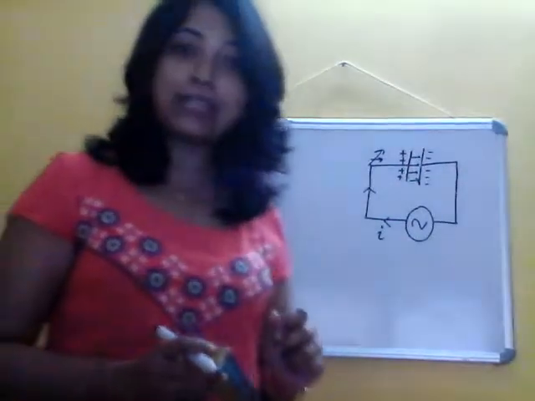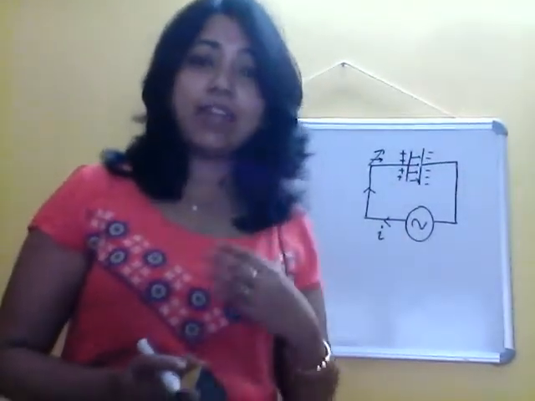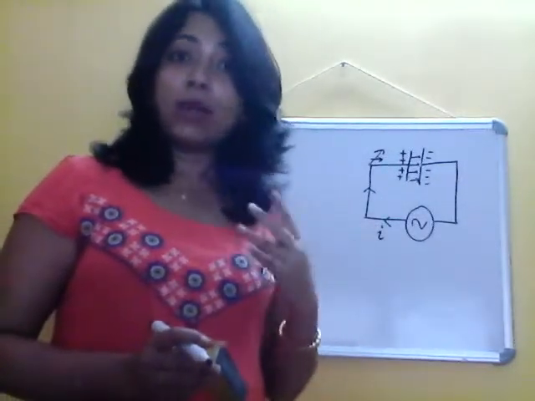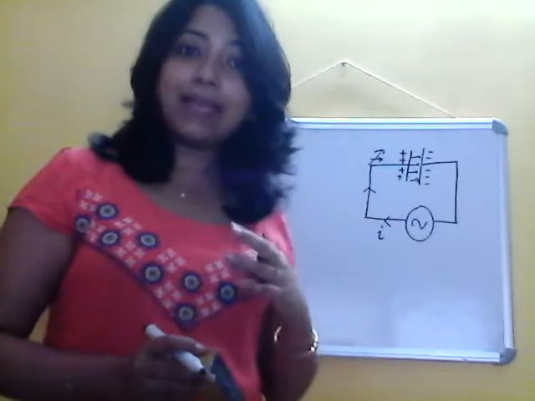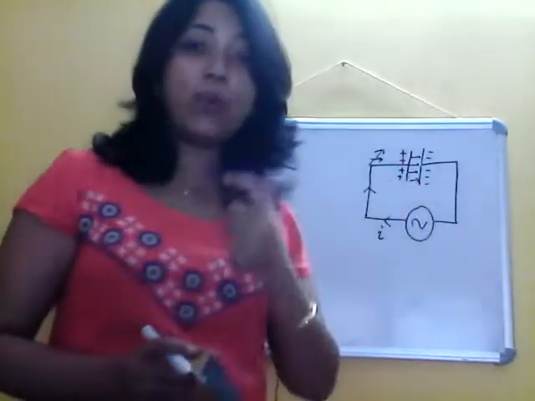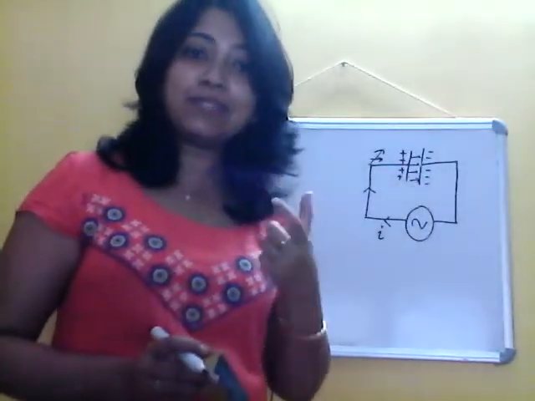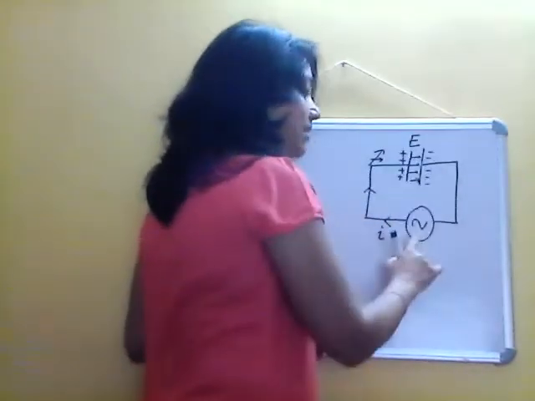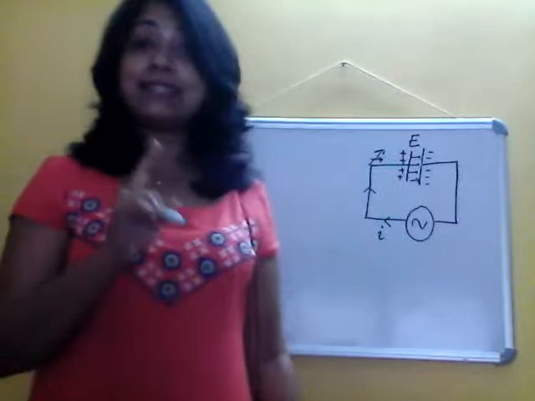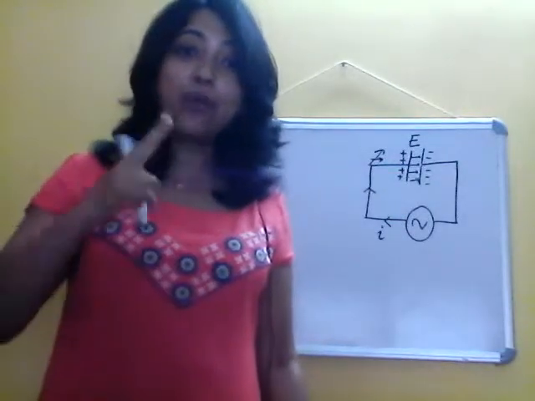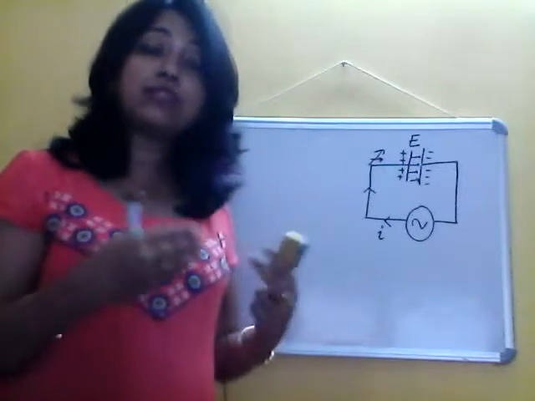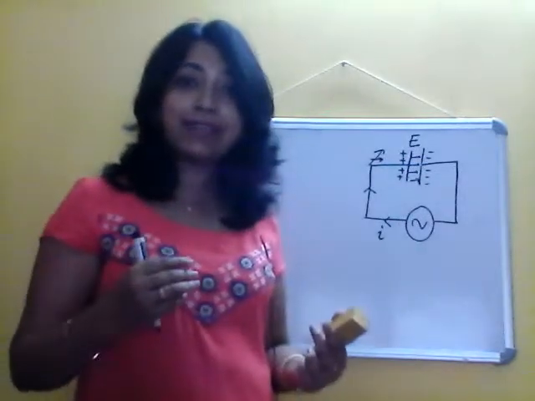However, what is the nature of this electric field? Say we are using an AC source of 50 Hertz. Then what does this mean? That in 1 second, this polarity is going to flip 50 times. Which means this electric field that has been created by this source is not a steady state field. It is going on changing with respect to time, say in case of 50 Hertz, 50 times a second.